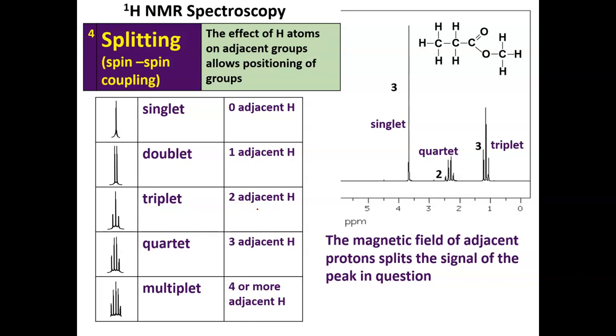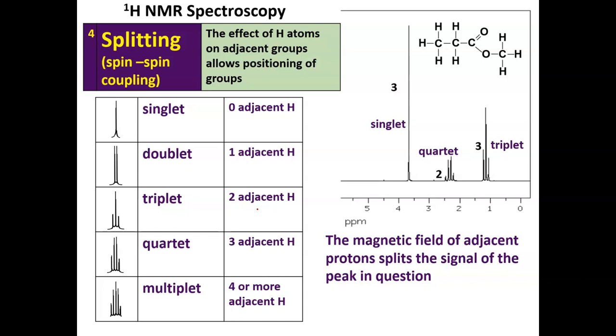So the number of adjacent H's, 1, plus 1 tells us the splitting pattern, doublet. The number of adjacent H's 2 plus 1 gives us a triplet. The number of adjacent H's is 3, we get 3 plus 1, a quartet of peaks. And of course, 4 or more adjacent H's, we get the 5 peak pentet, or example of multiplet.